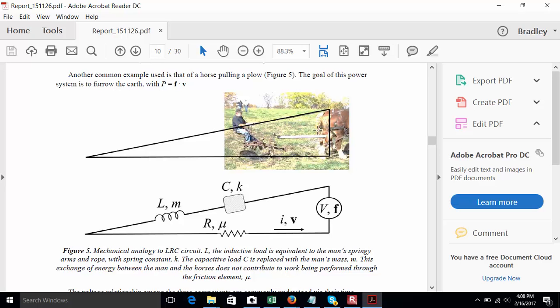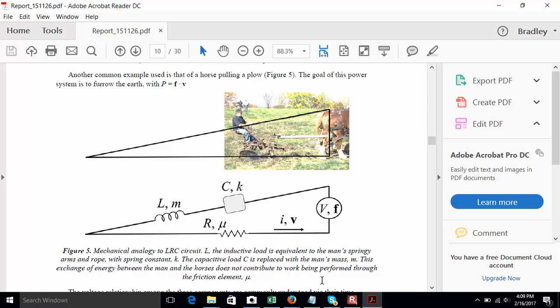I think there's a little tether here between the man and the top of the horses. If not, you can just think of this whole system that he's riding on as a little bit of a spring. So in the mechanical system, you have the mass and the spring. M for mass, K for spring constant.